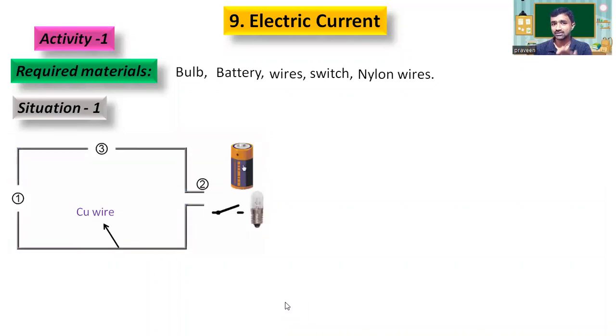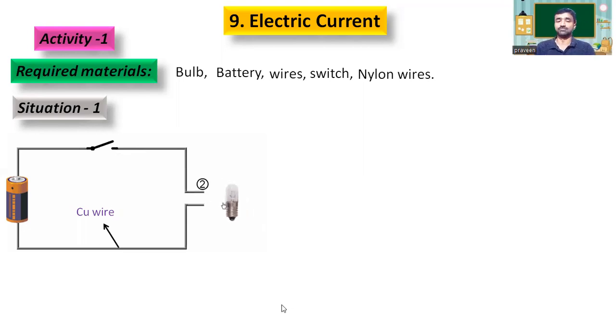See here, I am simply showing you how to connect. First, I connected a cell in the first gap. Then in the third gap I connect the switch, and in the second gap a bulb. So now it is working like an open circuit. Look, I am going to switch on. What happened? Observe carefully.